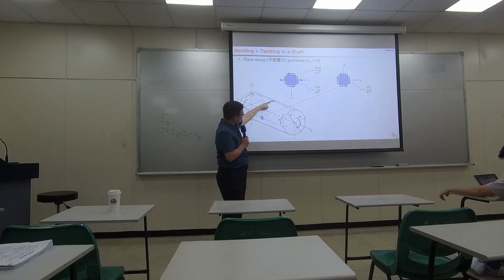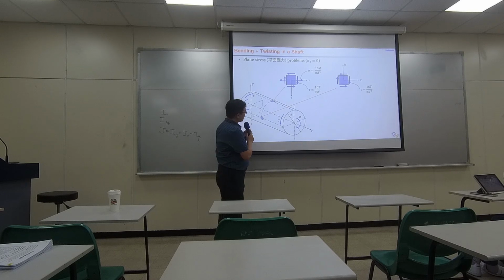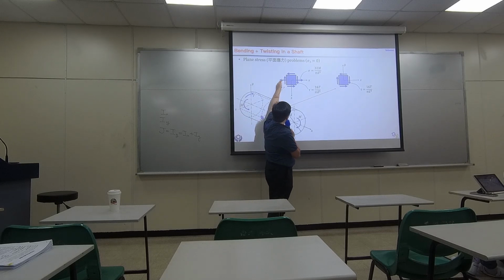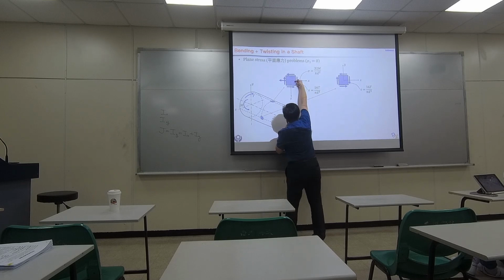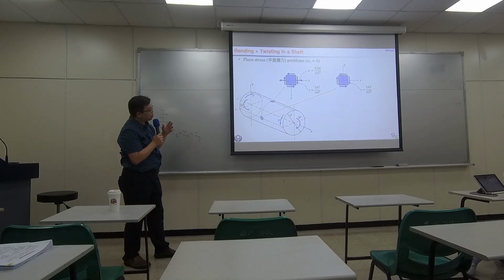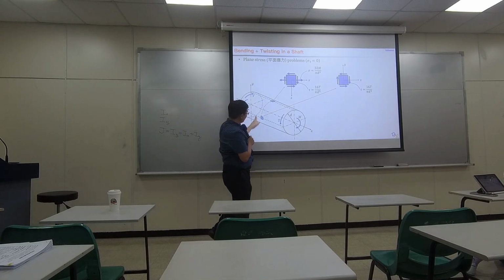If we observe the opposite side of this point, at the very bottom, because of bending, the bottom side has compression. So this is going into the material. It's a compression stress going in. Please make sure you understand why that's going outward at the top, and at the very bottom it's going inward.